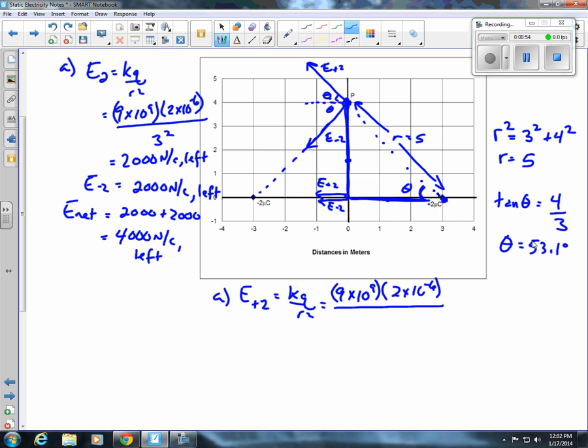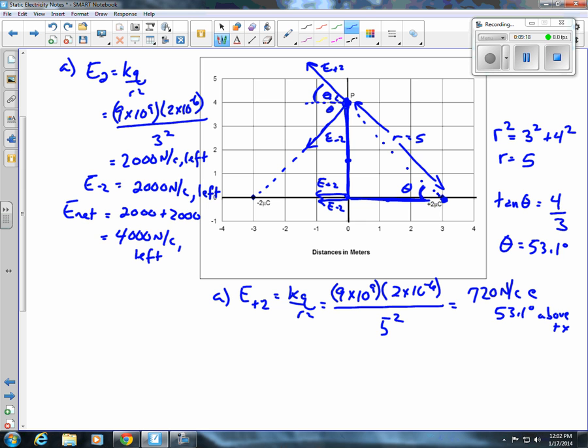So now I can finish this off. We're going to have over 5 squared, and that's going to equal 720 newtons per coulomb, at 53.1 degrees above plus x, because it's this one I'm finding here.